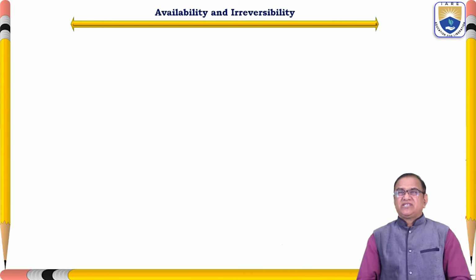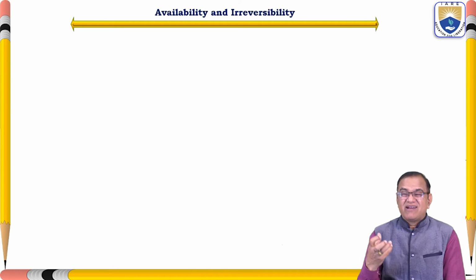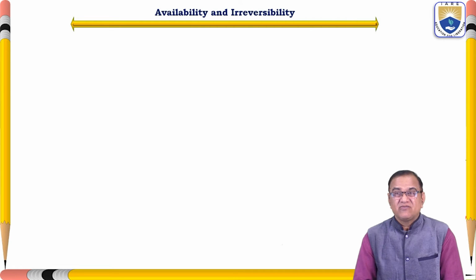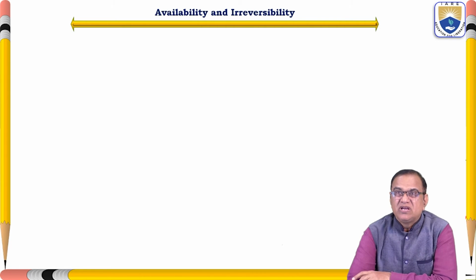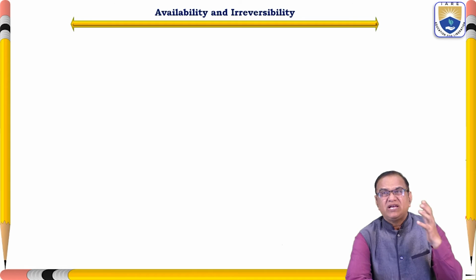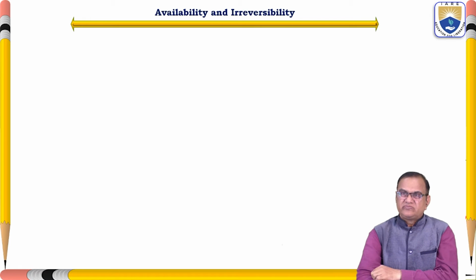So many natural energies are available, but how much we can extract from them, that is the issue. So availability and irreversibility: most of the systems in our nature are irreversible. The same thing will not happen. Reversible means the system and surrounding should reach the same position.